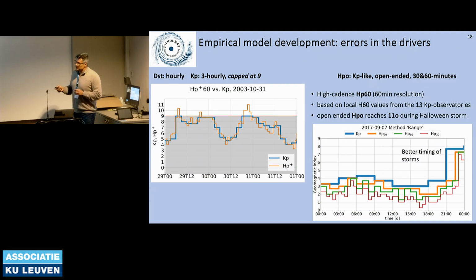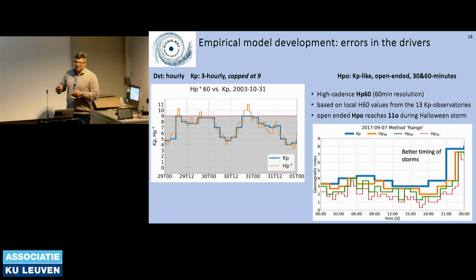You should know, KP is a capped index. When it is measured and it is larger than a certain threshold, KP is 9. If it's twice as big, it's still 9. If it's 10 times as big, it will still be 9. It was designed that way in the past. It means, on the other hand, that you have no information if there is a real superstorm. Your output will always run with KP 9.